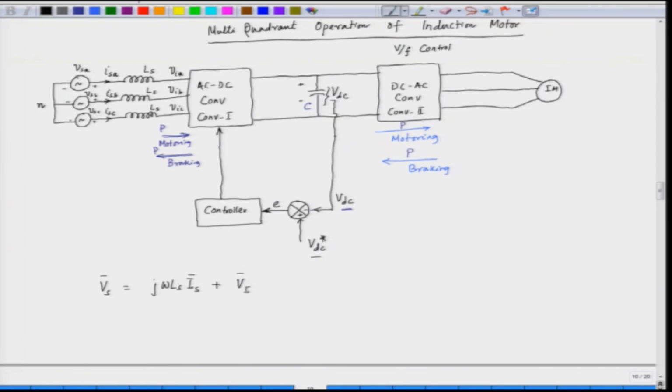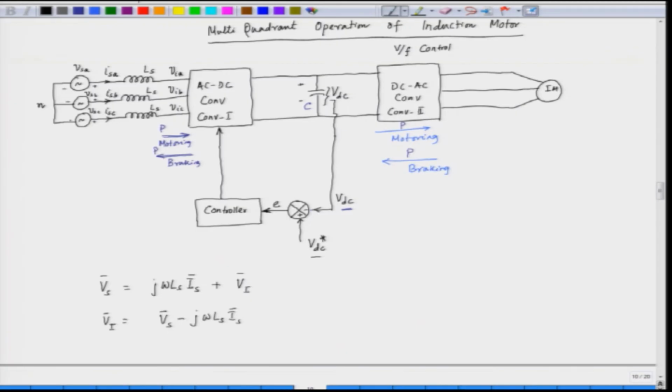In this case, Vi can be obtained as Vs minus j omega Ls into Is. This is an AC to DC converter, or we can say an inverter which is converting DC to AC. So, we have to synthesize VIA, VIB, VIC, which is Vi in the form of a phasor. Vi can be obtained by taking Vs minus j omega Ls into Is.